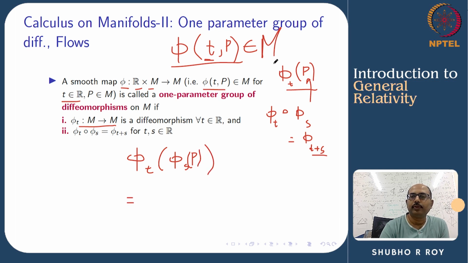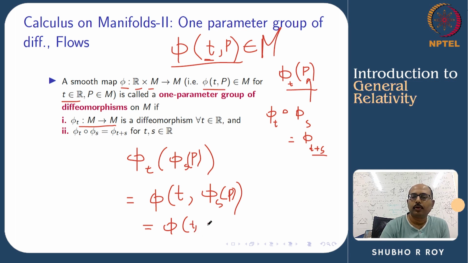But what is this? Remember what I just said, this is nothing but the original map phi, t comma phi sub s of p, and this is nothing but phi of t comma phi of s comma p.